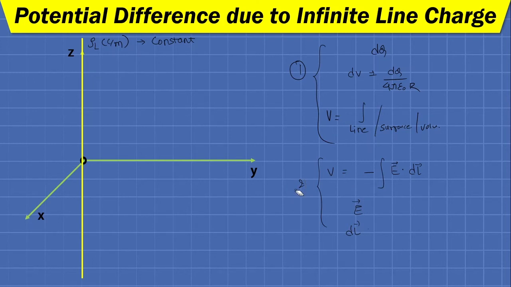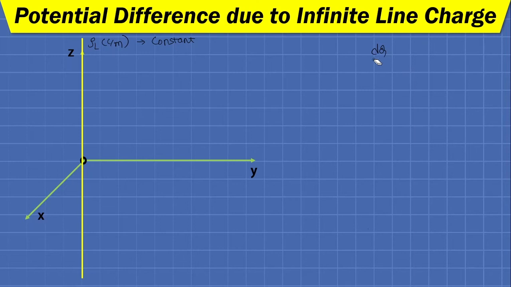Adopting this second way to determine the potential, however, the first way is also equally applicable. Fine. And you may try on your own if you want to. So adopting the second way, we know the intensity due to an infinite line charge, that is E bar equals rho L upon 2 pi epsilon naught r a R bar. Fine. Which coordinate system is used over here? Cylindrical coordinate system.